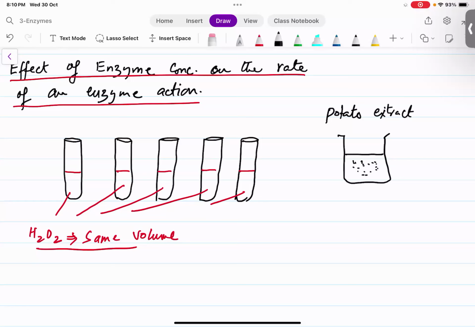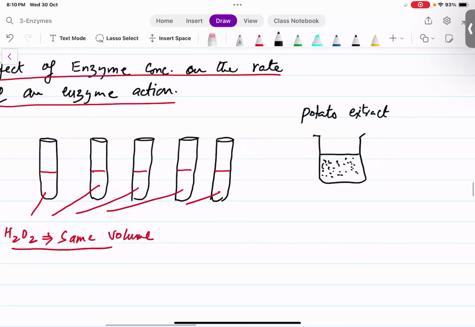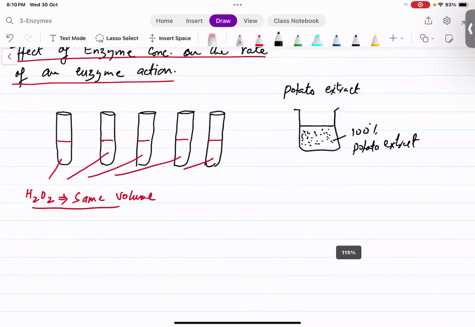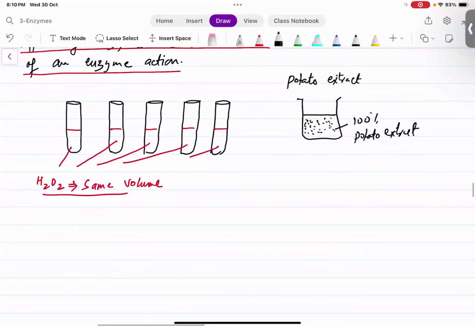But otherwise, this we considered as 100% potato extract. Okay, so this will have a high concentration of enzyme catalase in it.